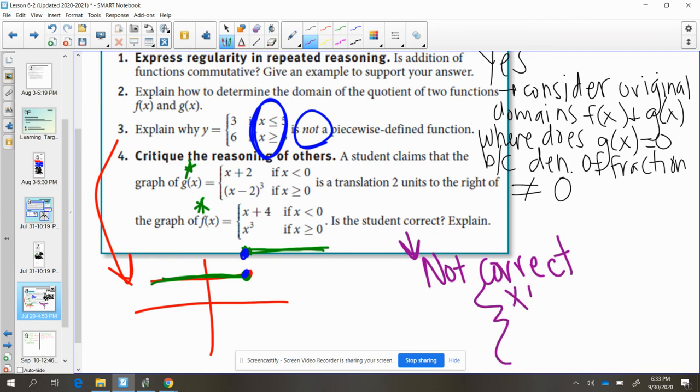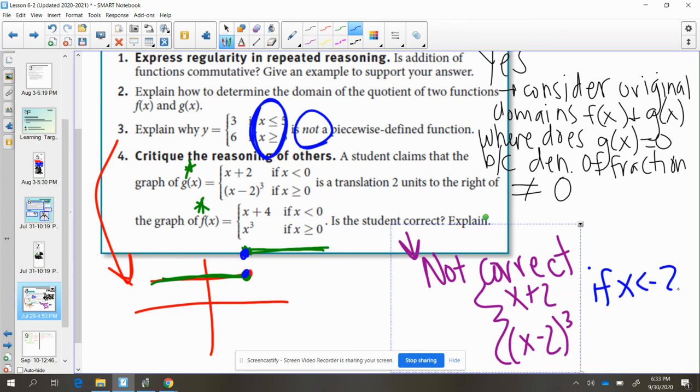This x plus 2 and this x minus 2 quantity cubed, that's all fine. The problem is this if portion. We also needed to shift that 2 units to the left. So it should be when x is less than negative 2 and, 2 units to the right, so positive 2. And we had to shift it again to the right. So this is what the problem is. We needed to make sure we changed it appropriately here.